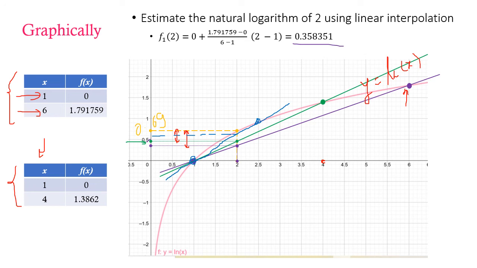The natural logarithm of x is a simple function. If there is a very complex function to work with, to find the derivatives, to find the integration, then it is advisable that you use a simpler function like linear interpolation or polynomial interpolation to represent the actual function and then work with that approximation.